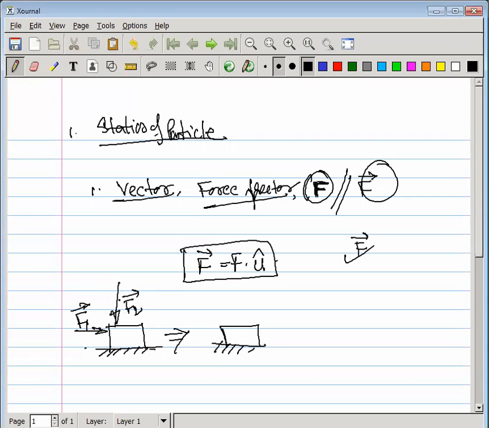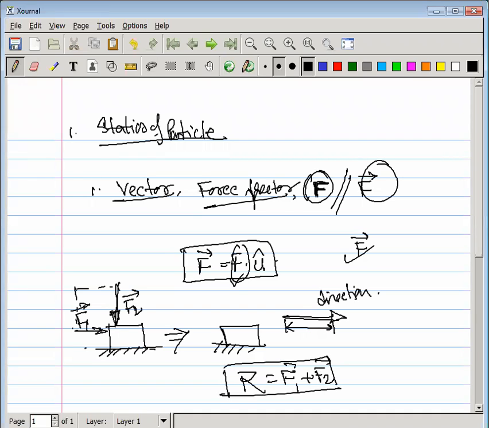Remember one thing: the length of the arrow indicates the magnitude of that force, and the arrowhead indicates the direction. So what should be the resultant? Just simply R is equal to F1 plus F2, right? That is the resultant of two forces.